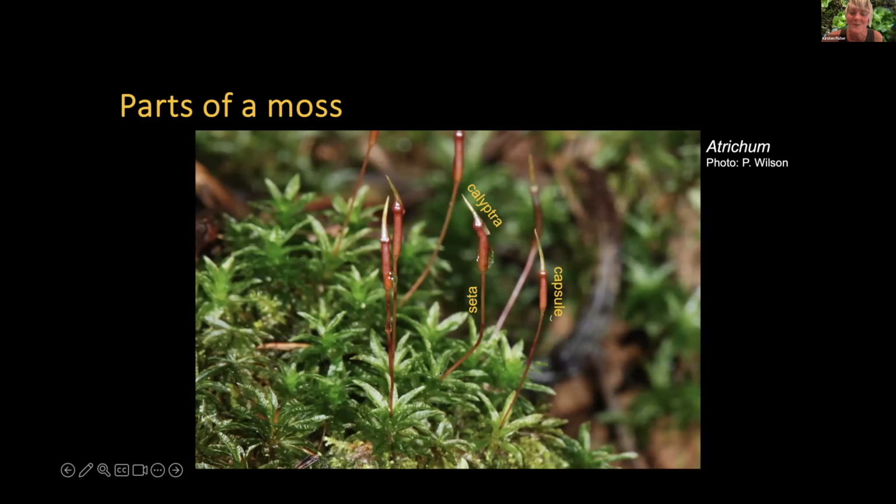It's part of the old gametophyte, a remnant that sticks on top of its head as the sporophyte grows up. And if you remove that, it messes up the development of the sporophyte. So it's getting signals for its development from the maternal plant through that calyptra. So it's important.